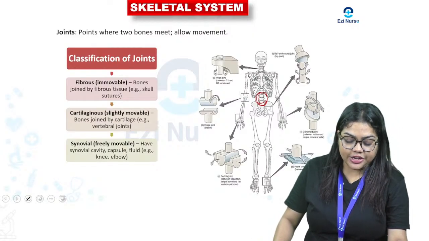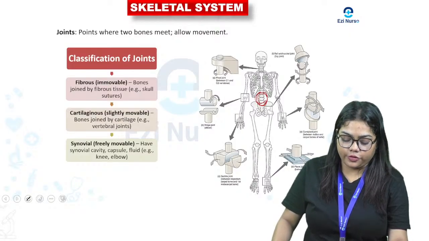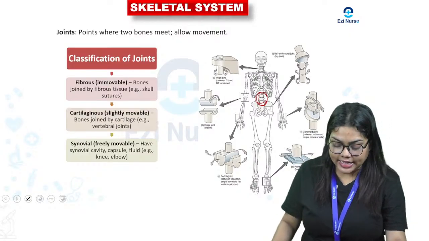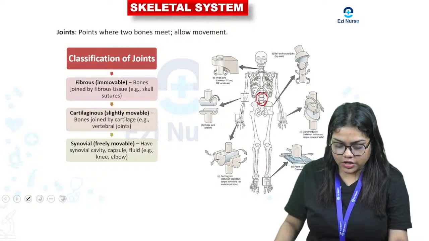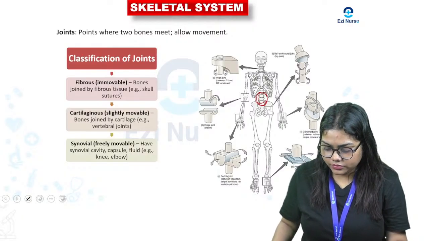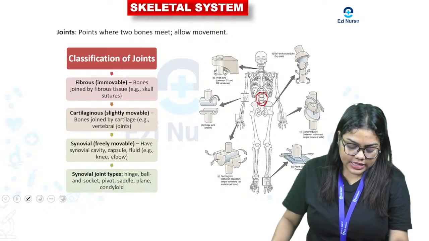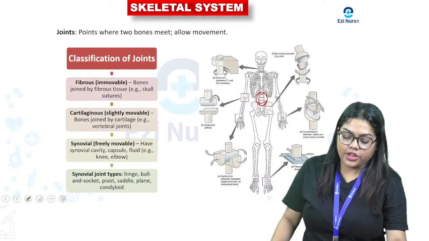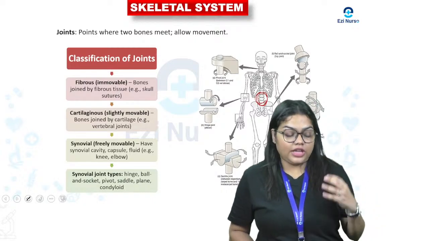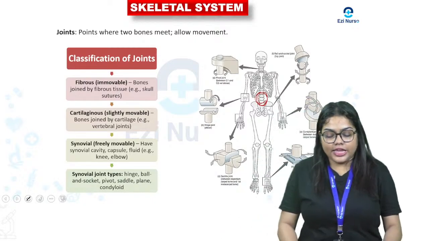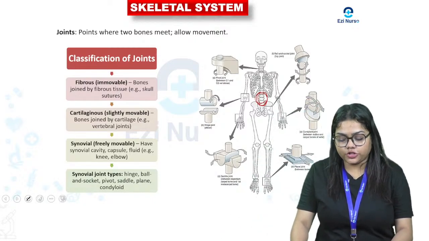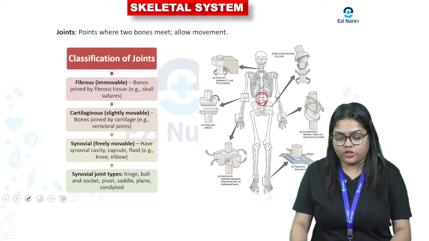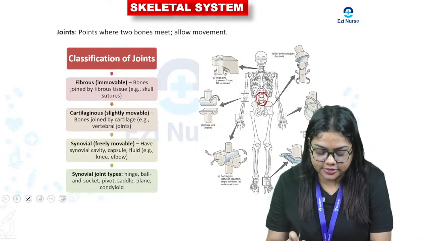These have a synovial cavity, capsule and fluid. Examples are the knee and elbow. Freely movable. Next are synovial joint types. Between synovial joints we have different types, which are hinge, ball and socket, pivot joint, saddle joint, plane joint and condyloid. So let's explain.